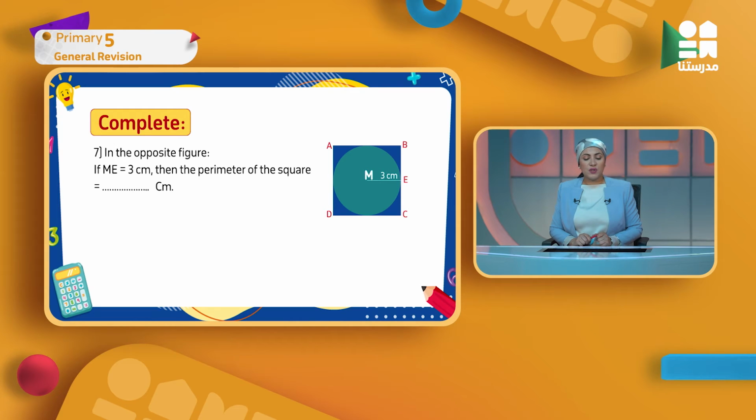So the side of the square will be the diameter, because the diameter will be the width of my whole circle. So the diameter will be ME times 2, which is 6 centimeters, equal to AB and DC which are parallel, and then we multiply the 6 times 4 equals 24 centimeters.